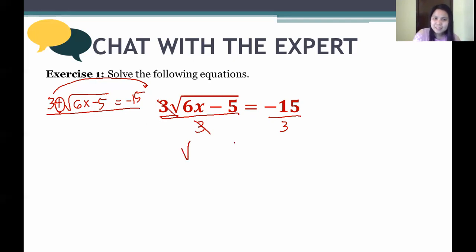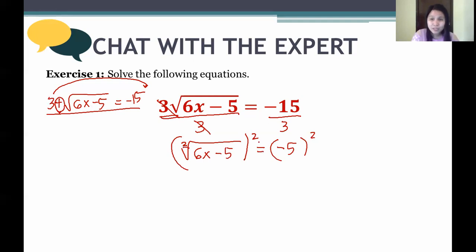So we have square root of 6x minus 5 equals negative 5. Next, we square both sides since the index is 2. Since the index and the exponent are the same, we cancel the radical sign.